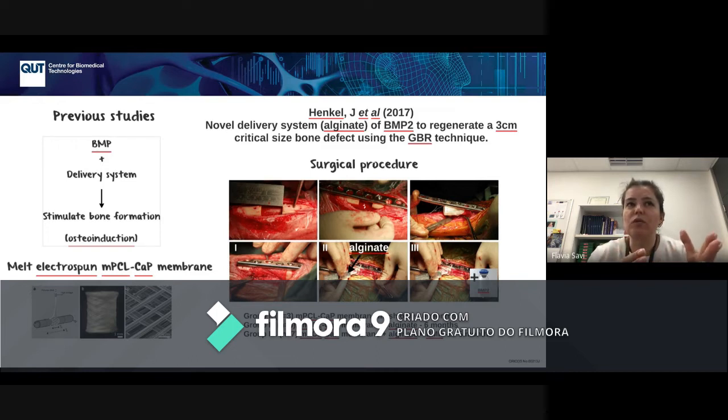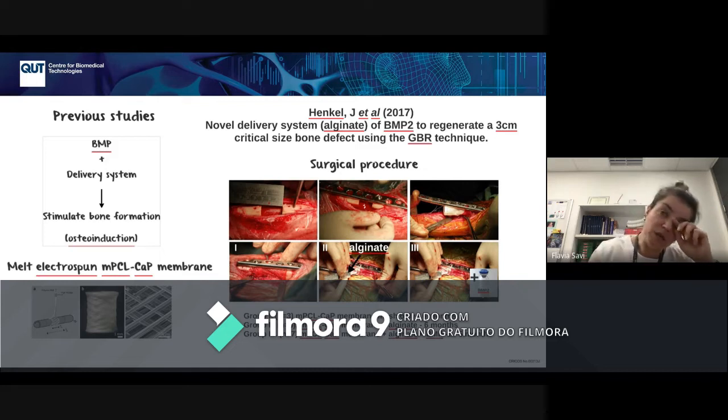So what we used in this system, we used alginate, to hold the BMP inside of the scaffold. And this BMP would then stimulate bone formation, which we call osteoinduction. So this was a very thin membrane that we used. I will show in another slide the geometry of this scaffold.